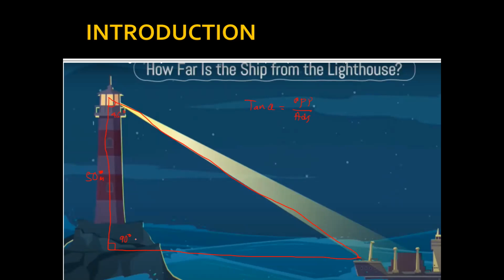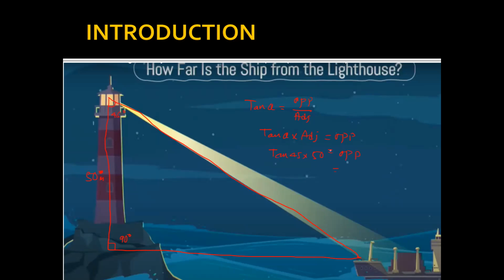Opposite side means the distance between lighthouse and ship. Here the adjacent side is dividing. Whenever it changes its position, it will multiply. So tan theta multiplied by adjacent is equal to opposite, and the adjacent side is given, that is 50 meter, and theta is also given. Theta means angle. So tan 45 is given, and adjacent is 50 meter, and opposite side.